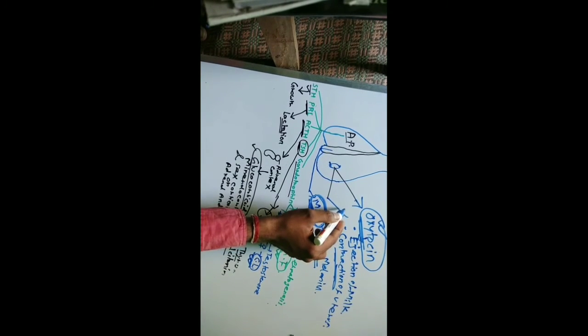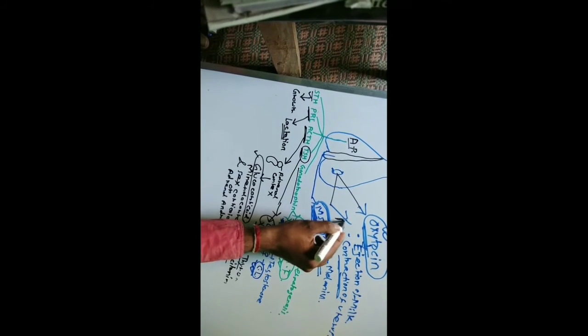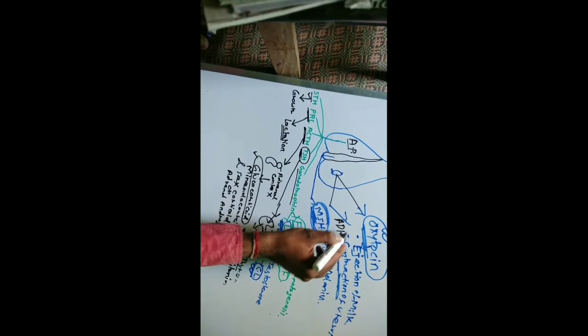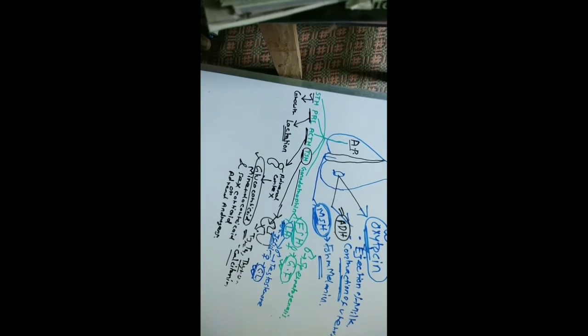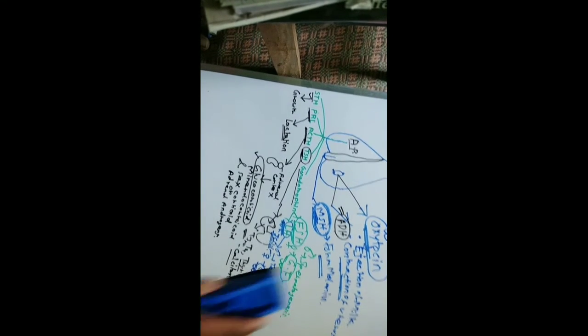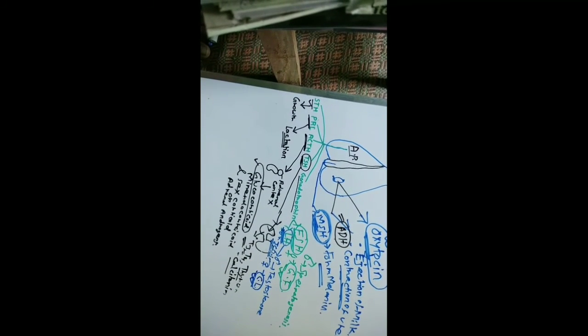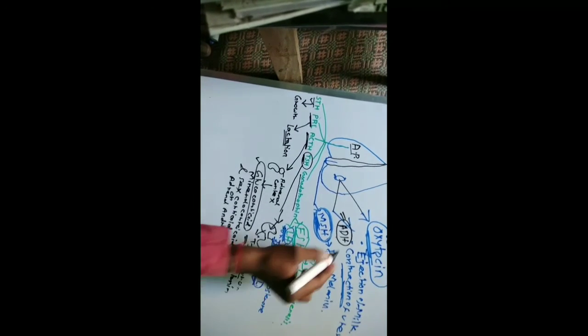And another one is the antidiuretic hormone. From the posterior lobe of pituitary, another hormone is released. It is called the antidiuretic hormone. What is the role of ADH? The role of ADH is reabsorption of water.